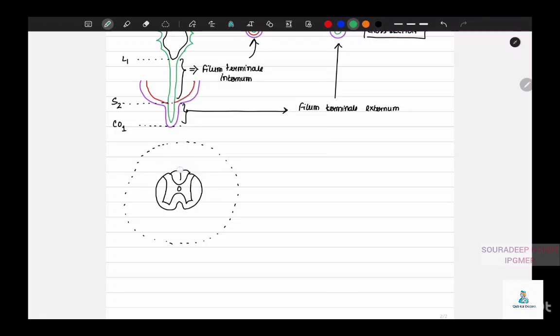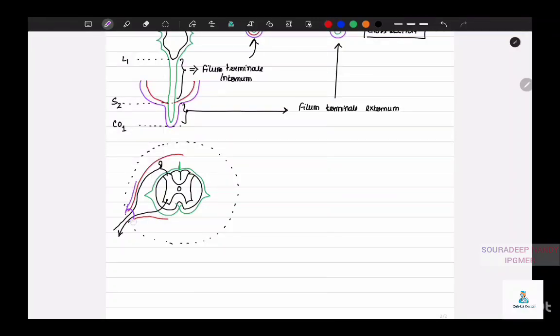Now let us see how the spinal roots are formed. Here is the posterior root that is entering through the posterior horn. Here is the anterior root which is exiting through the anterior horn.